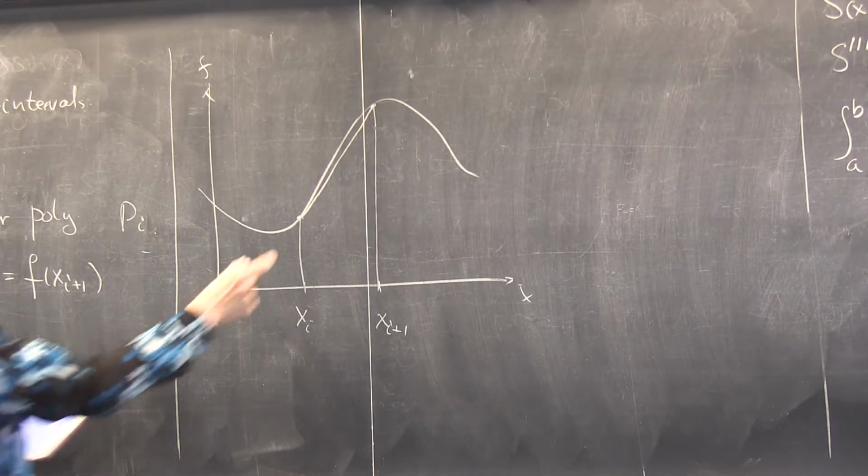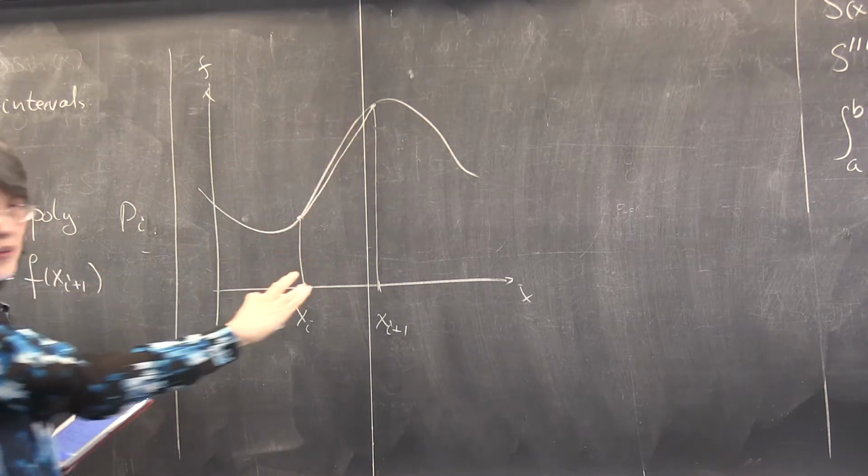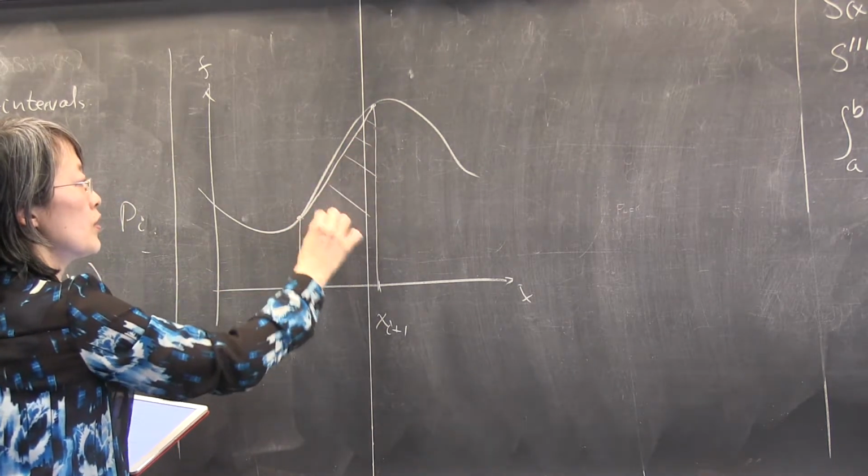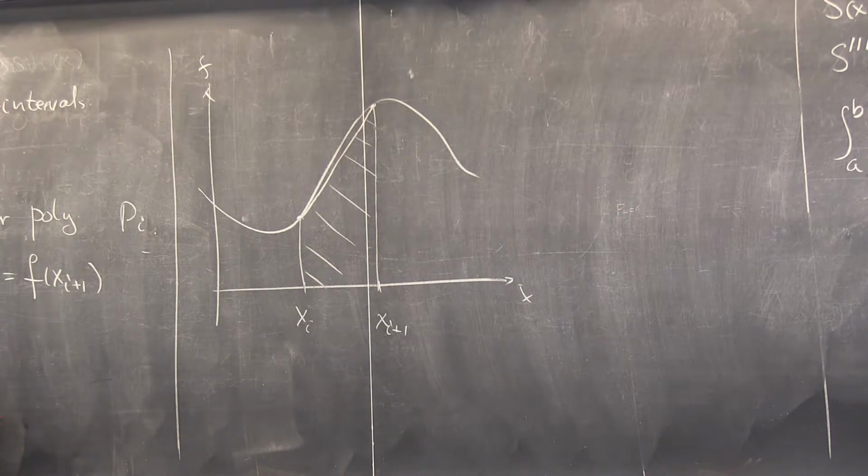And the integral will be the area below, right? So I will just integrate my polynomial instead, meaning I will use the area of this trapezoid for the integral of f on that interval. Is that clear? That's why the name, the trapezoid rule.